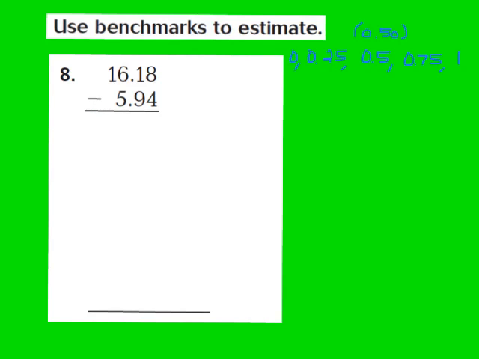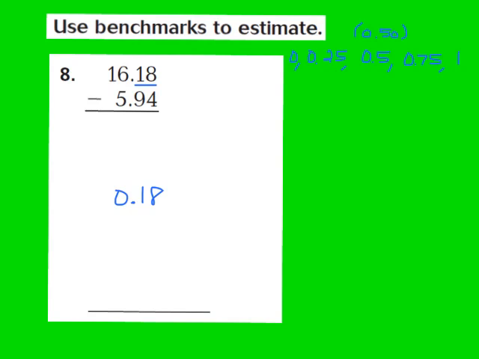And what I'm going to do is focus first on the 16 and 18 hundredths. And I'm going to underline the decimal part of that number. And the decimal part is the 18 hundredths. Now, I'm going to come down here and write down that decimal part, which once again is 18 hundredths. And what I know is this. 18 hundredths would fall between 0 and 25 hundredths. So I'm going to write those two benchmarks down.